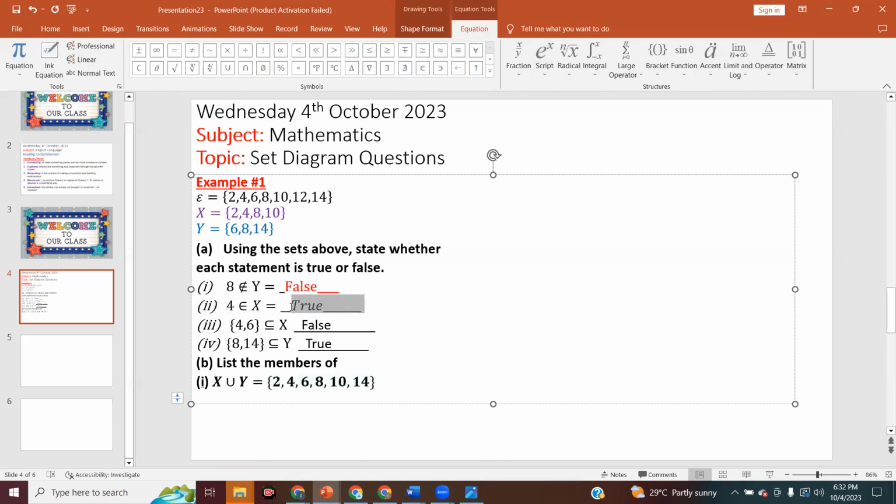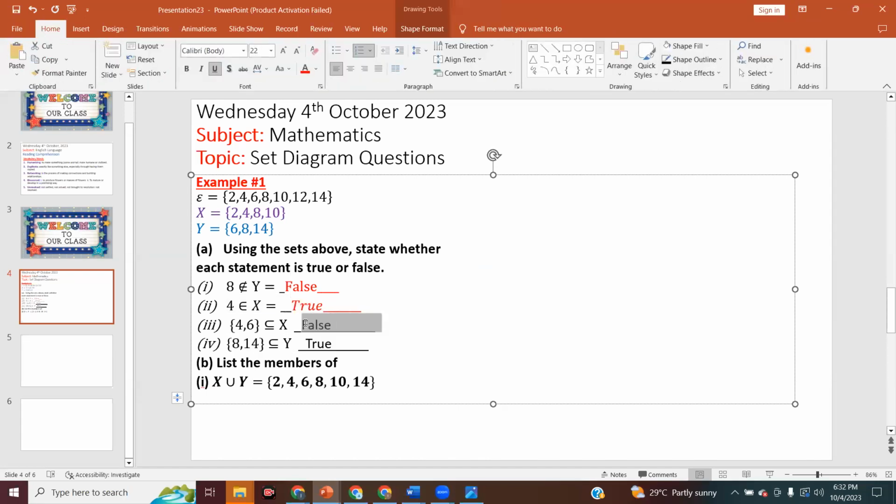How many persons got that? 2, 4, 6, 8, 10, and 14. Very good. That's the union: you list all of the elements in X and Y combined.